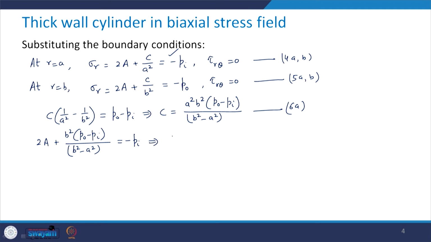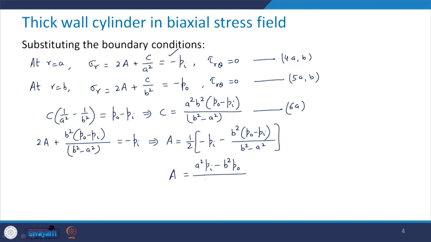And if we just solve this, this is what we are going to get: half of minus pi minus b square (p naught minus pi) divided by b square minus a square. Or if you further simplify this, you will get a is equal to (a square pi minus b square p naught) divided by 2 times (b square minus a square). Make it 6b.